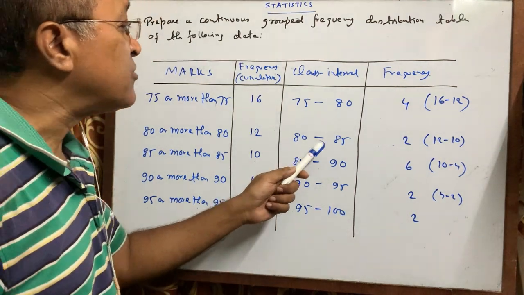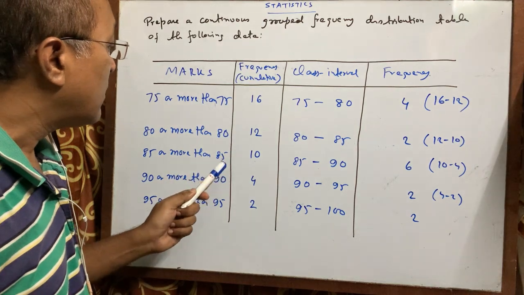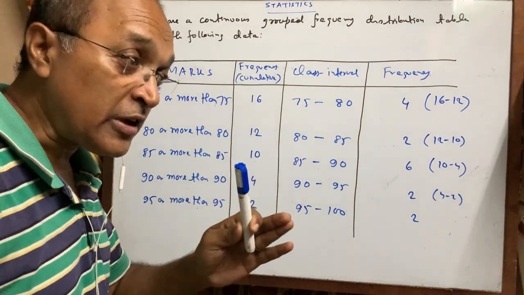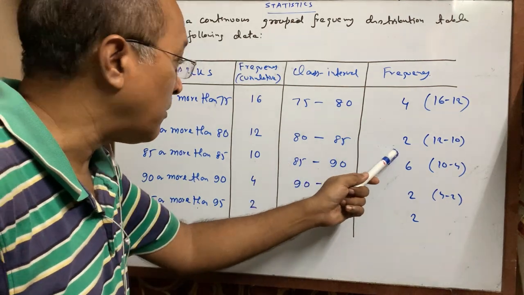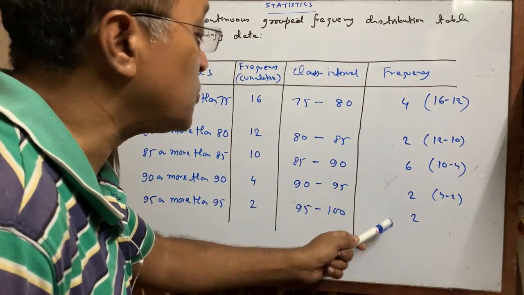Then 80 to 85 is 12 minus 10, because 10 means 85 or more than 85 and 12 means 80 or more than 80. So in between 80 and 85 the number will be 12 minus 10, which is 2, and then it is 6, 2 in this way.